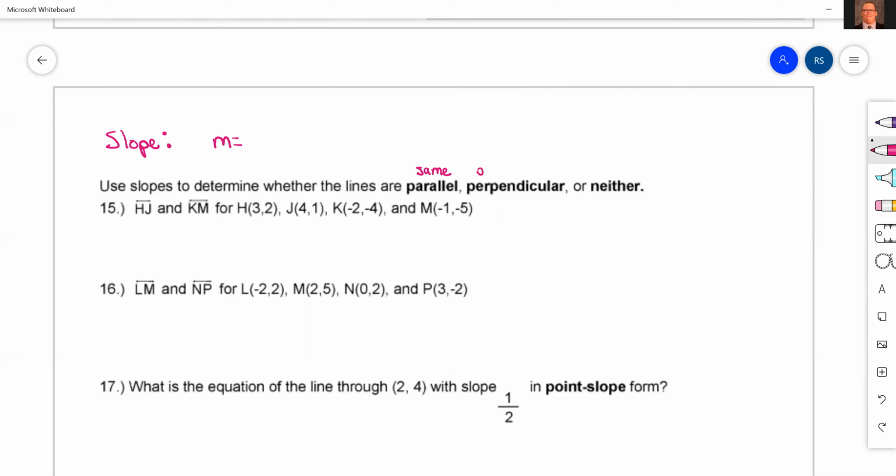Perpendicular, which means they have opposite reciprocals. In case you forgot what that meant, that's like saying 1/4 and then -4. Or neither. So slope is y2 minus y1 over x2 minus x1.